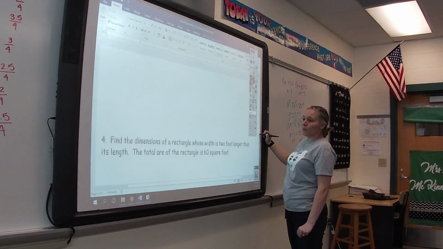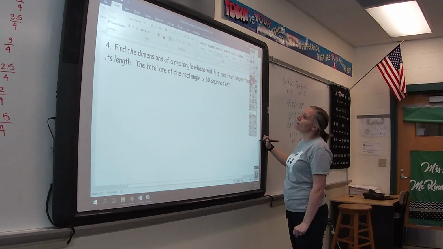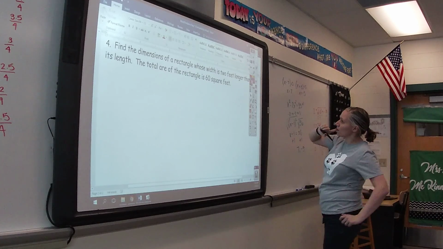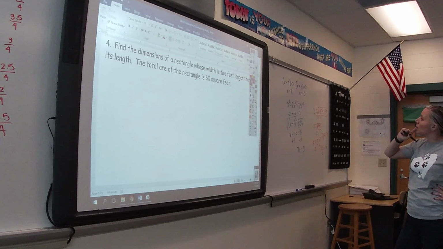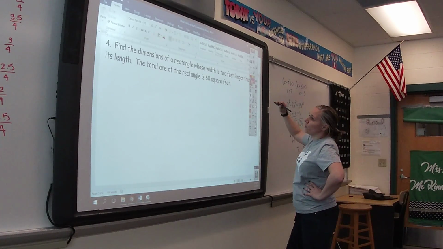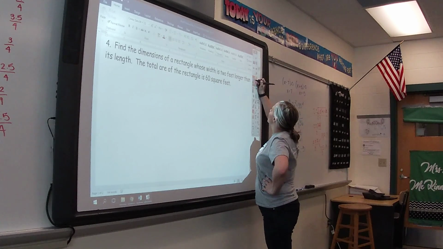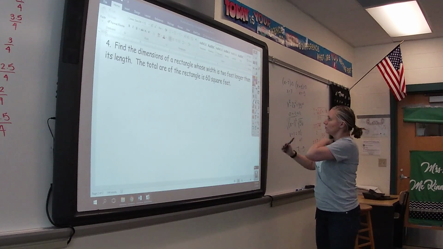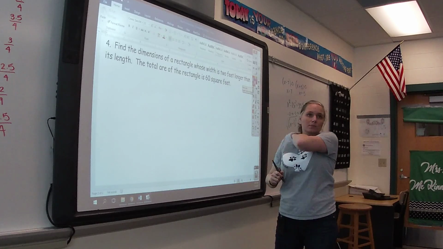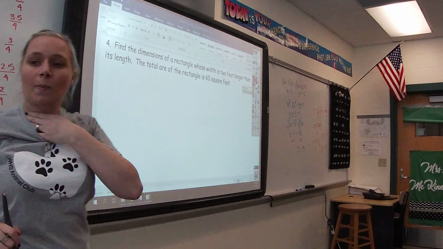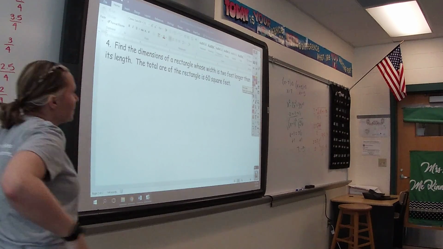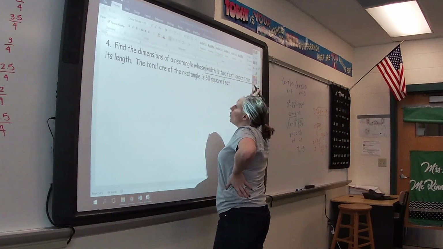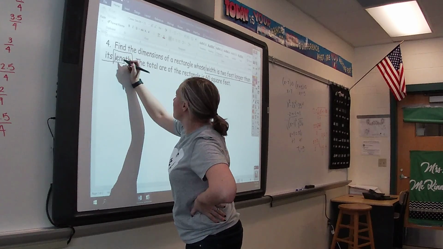I want you to skip to number 4. Okay, so this says define the dimensions of a rectangle whose width is 2 feet longer than its length.